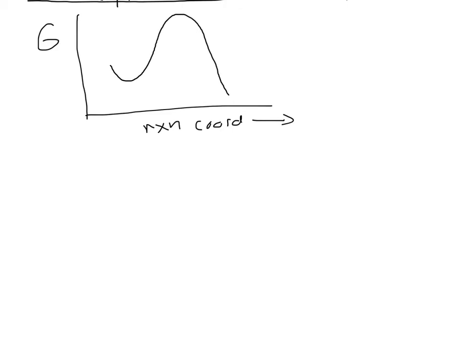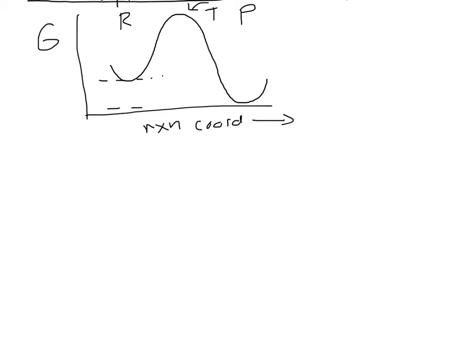There we go. So you will see that we have a reactant on this side. The reactant is over here, and then we have a product here. The transition state is up here, that peak. So let's remind ourselves what some of these values are.